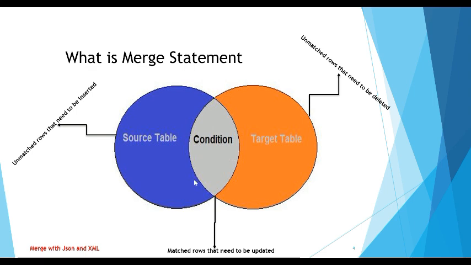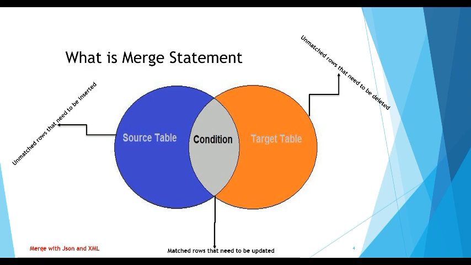Third, the source table has some rows with the same key as the rows in the target table, however these rows have different values in the non-key columns. In this case, you need to update the rows in the target table with the values coming from the source table.